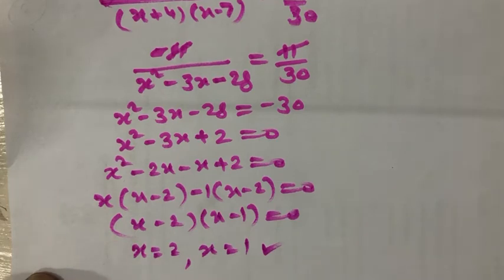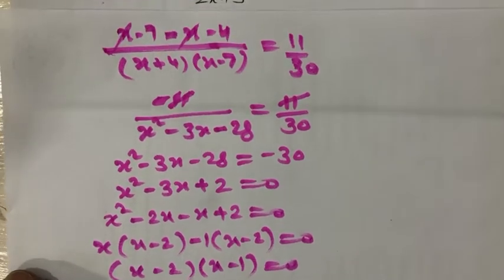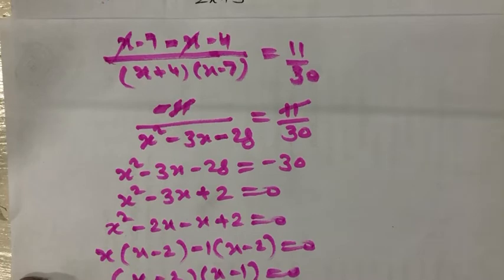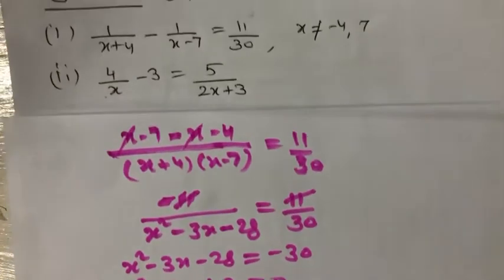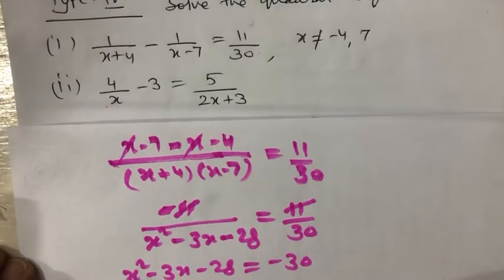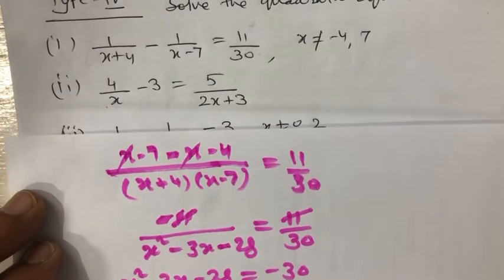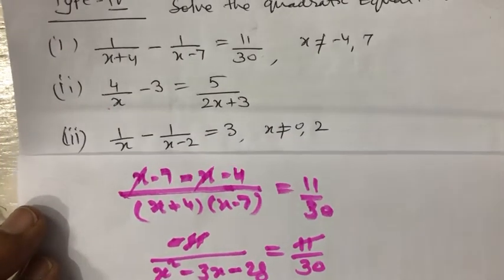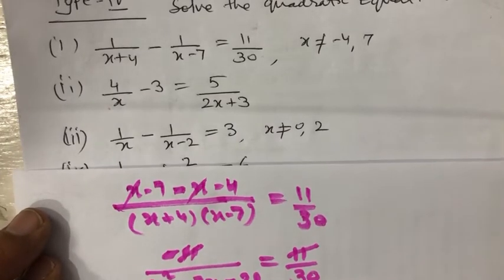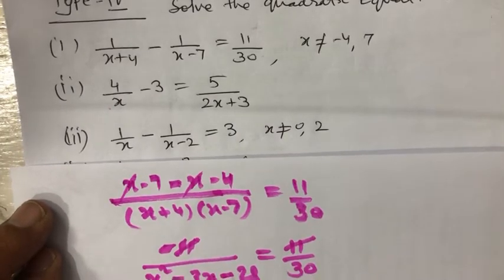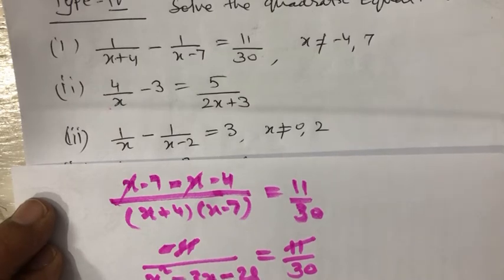So this type of questions we have, say, one more sum number 2. You can solve it easily by taking LCM as x on the left hand side and then the cross multiplication. One more question, third part, 1 by x minus 1 by x minus 2 equals 3, is of the similar category.